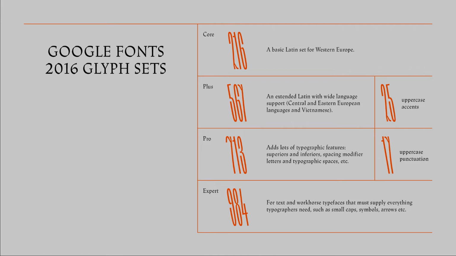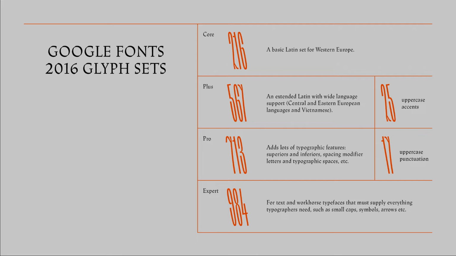Next, the Google Fonts glyph sets. This already proposes some OpenType features with each step. It also is a consecutive model with 4 parts and some optional additions. The core set is similar to Adobe Latin 1. It's rather small and only has a basic Latin set for Western Europe.